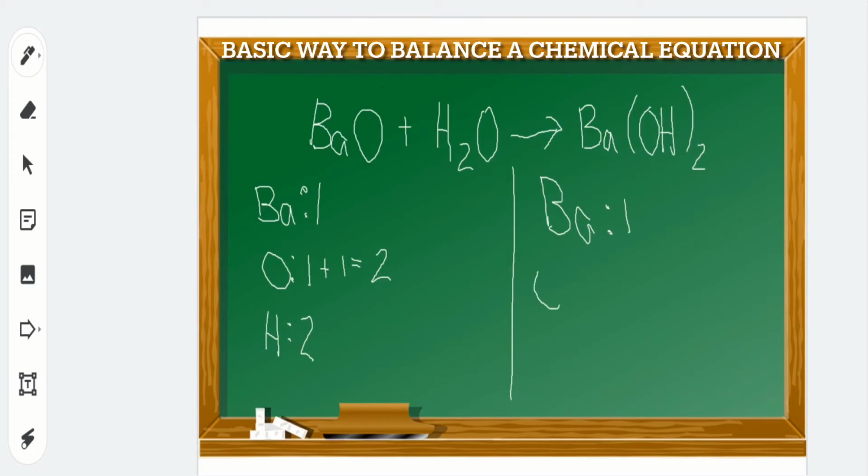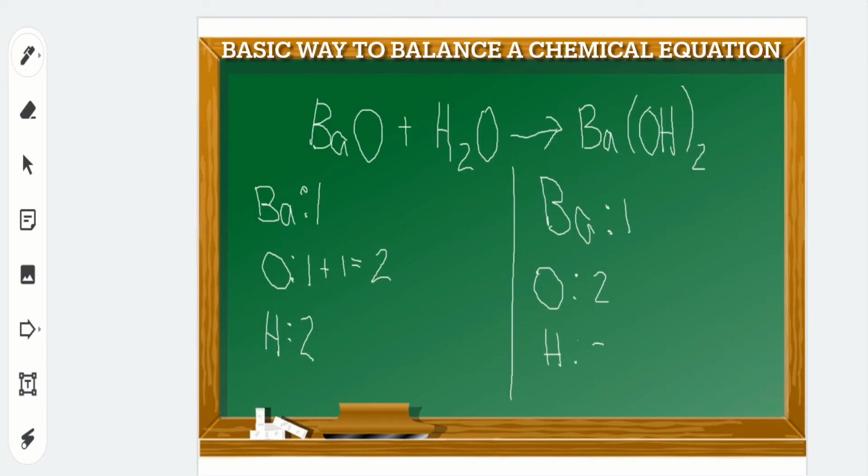For our oxygen, meron tayong dalawa, kasi nga 2 times 1 dito. That gives us 2. Same also din sa ating hydrogen. 2 times 1 dito, that gives us also 2.